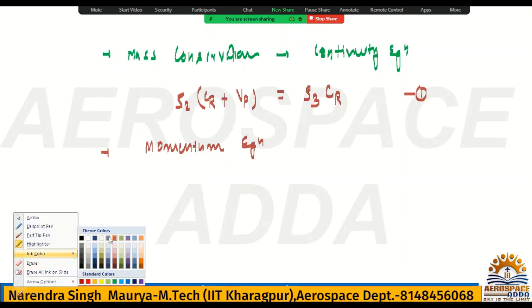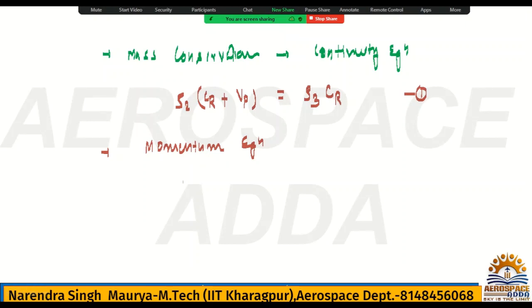So what will be the momentum equation here? Same, P2 plus rho 2 V2 square, V2 in the sense Cr plus Vp whole square, is equal to region 3, that is P3 plus rho 3 Cr square. This is equation number 2. What is the third?